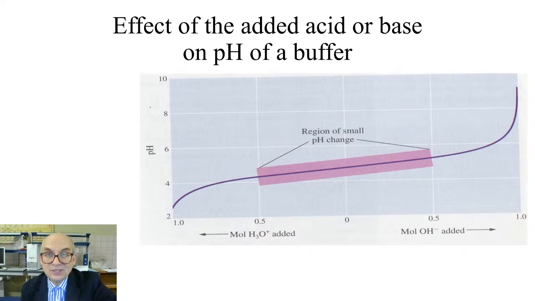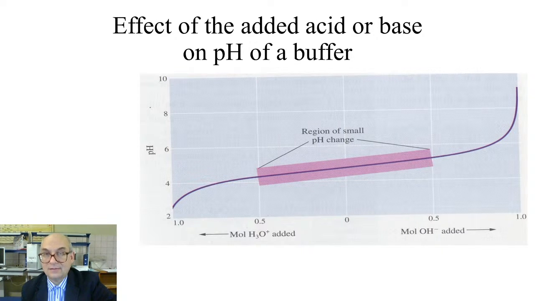But addition of acid will result in decreasing of the pH. Addition of the base, addition of the alkali, will result in increasing of the pH. But when the number of moles of the proton or hydroxide anion is 0 to 0.5, the pH change is relatively small.